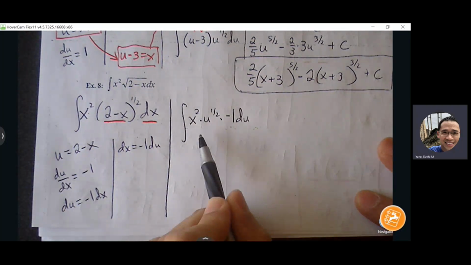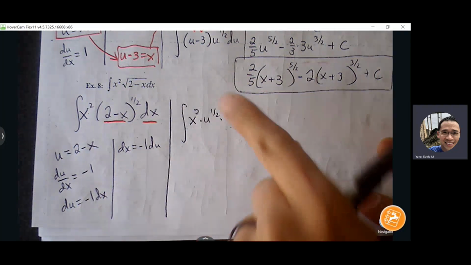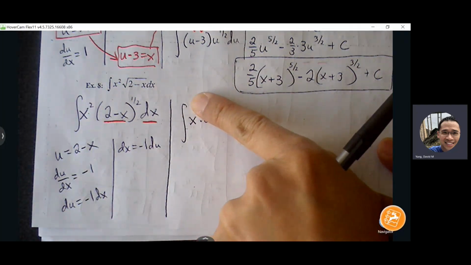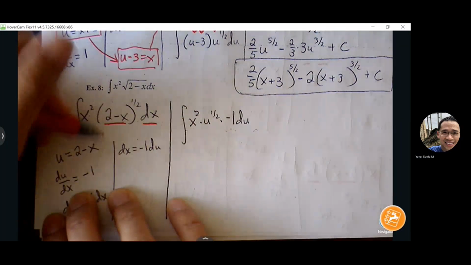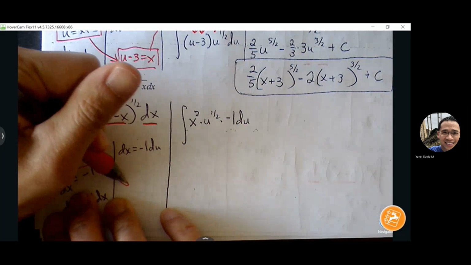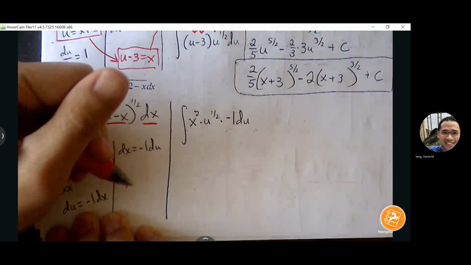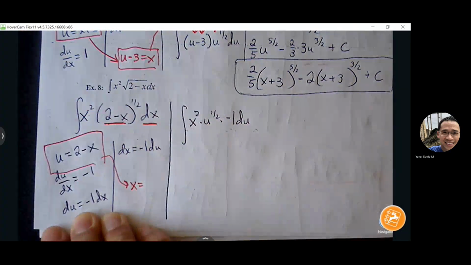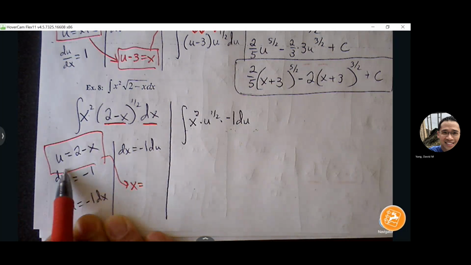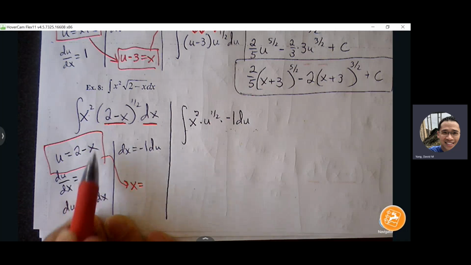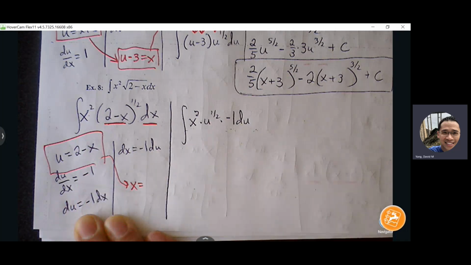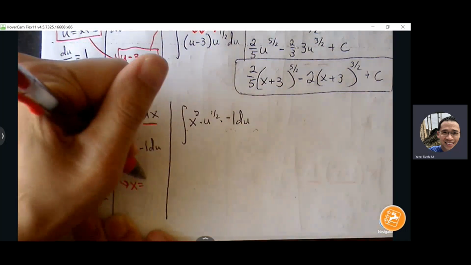So the x squared doesn't go away, but we know we can at least target x, right? What can I replace x with? Yeah. x equals 2, if I move the x over to the left side and move the u over to the right side, x equals what? 2 minus u.